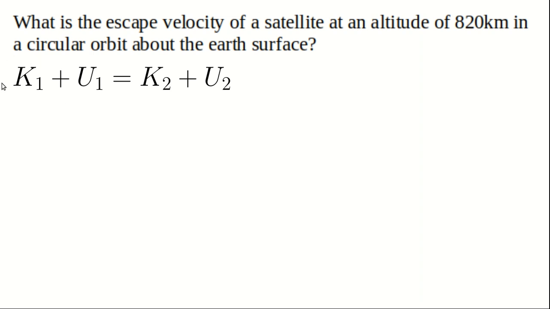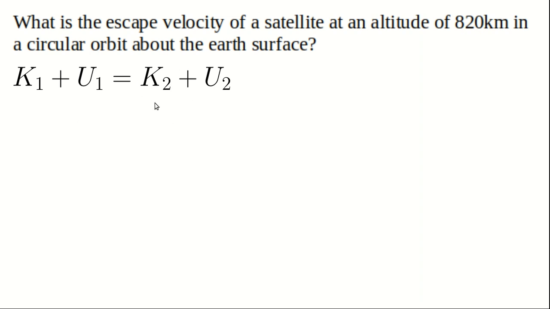Remember, we need to calculate the speed needed to launch that satellite into infinity. So the kinetic energy is going to be half of mv squared. The potential energy is going to be our usual term, which is minus GMm all over r. The r there is the altitude, 820.